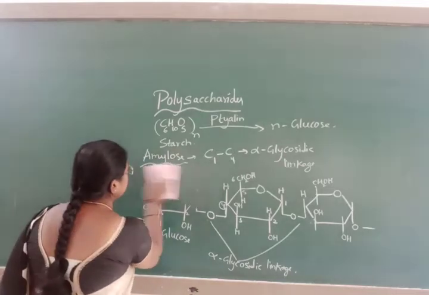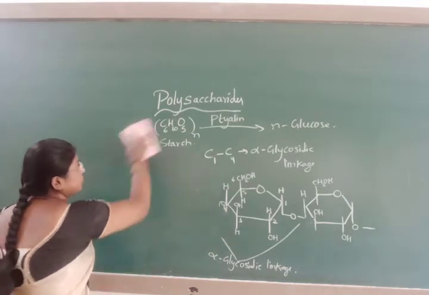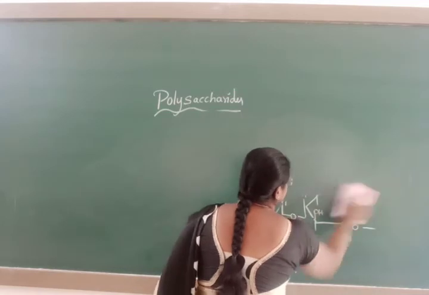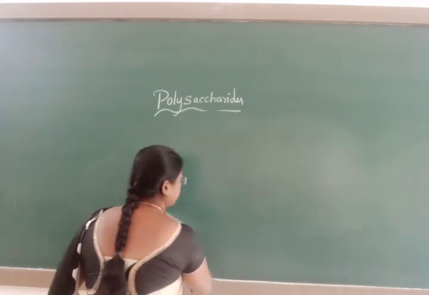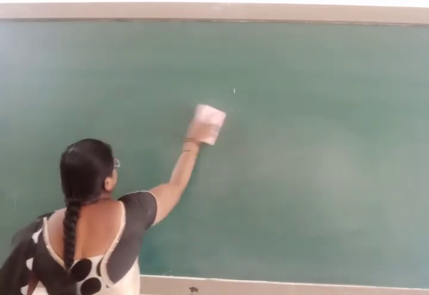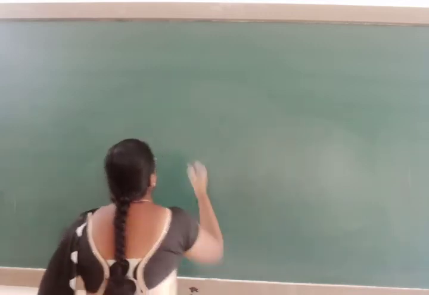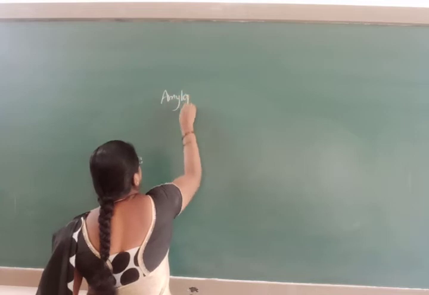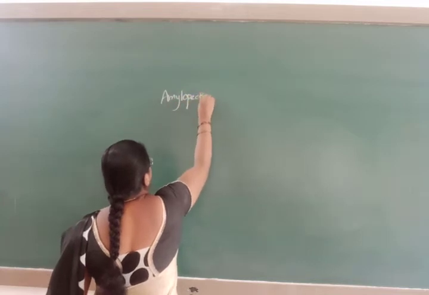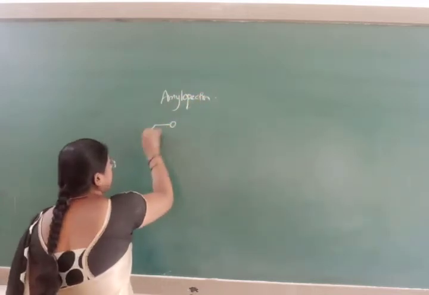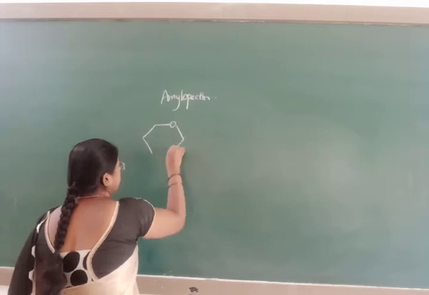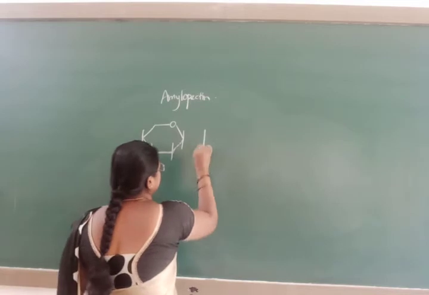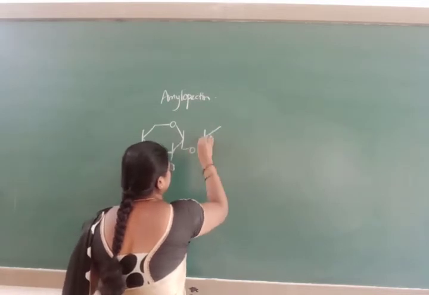Next comes here the amylopectin. Here n number of, that is 20 to 30 alpha glucose units, they are joined by alpha glycosidic linkages.